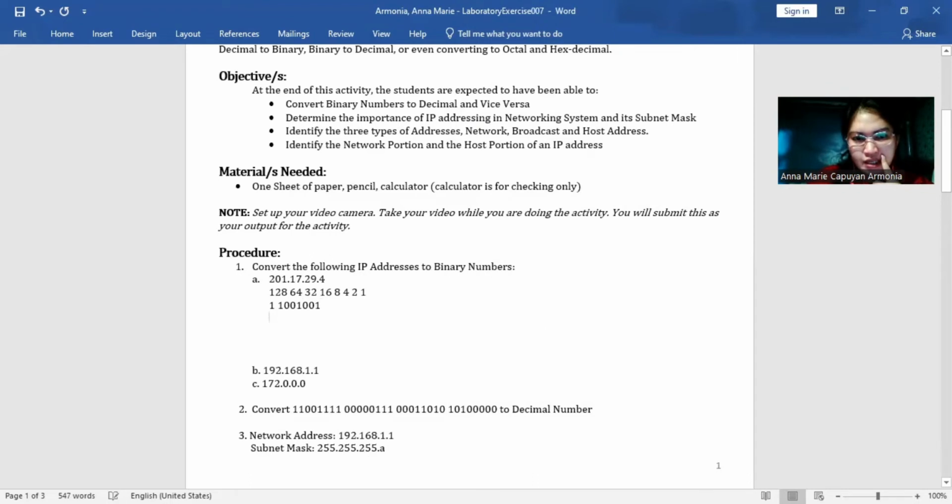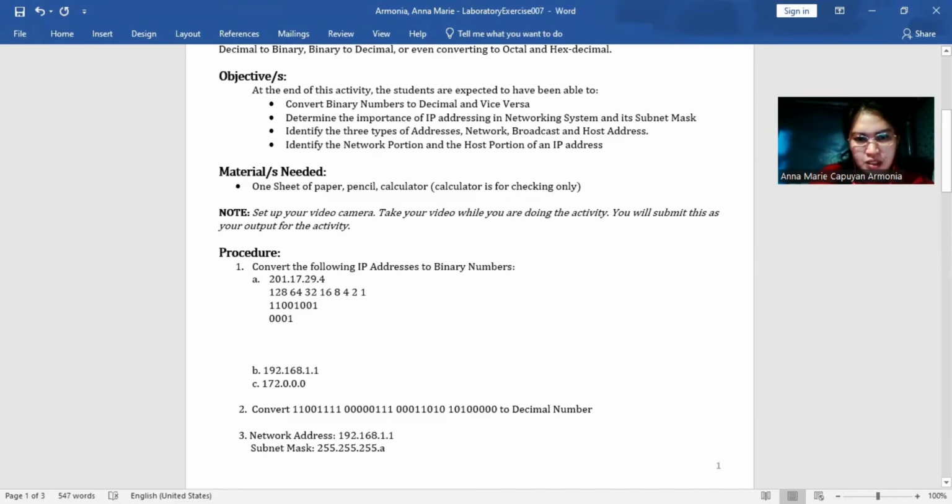So let's move on to the second one, which is the 17. Obviously you cannot subtract 128 from 17, so it would be 0. And 64 as well, so we put another 0. Then 32 cannot be subtracted as well. And 16 can be subtracted from the 17, so we put 1 here.